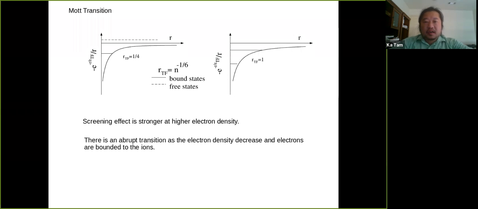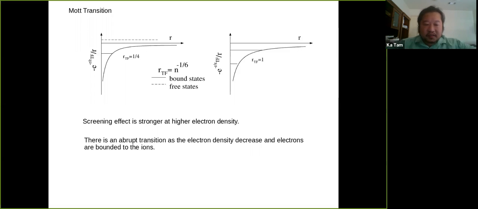Later on, Mott considered a similar thing. It's still a qualitative argument, but he considered a little more sophisticated way by considering the screening of the electrons. The idea is that if the screening is very strong, which you expect when the electron density is very large, then the electron is less likely to be bound to the ion core. The ion core is, let's say, a positive charge and the electron a negative charge.